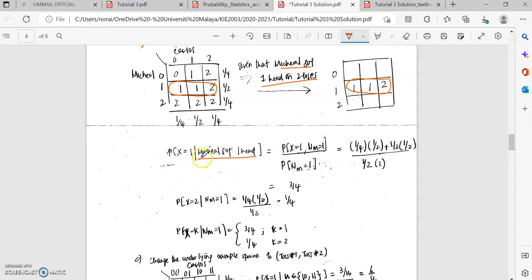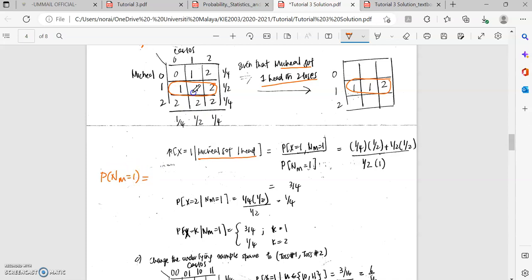So what is the probability of this? X equals 1 and N_M equals 1, where N_M means the number of heads for Michael's tosses, divided by the probability of N_M equals 1. So we look at the probability of N_M equals 1.